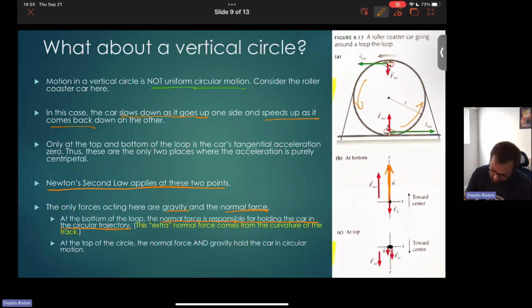See here at the bottom, the normal force is the MVP keeping that cart in the circle. At the top, both the normal force pointing down and gravity are what's causing the circular motion. So up top, this normal force actually gets an assist.